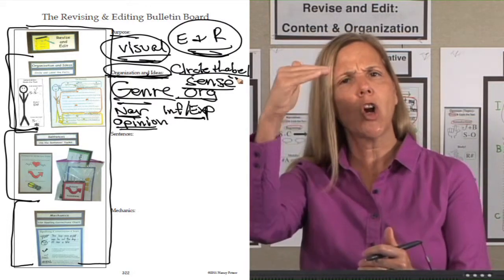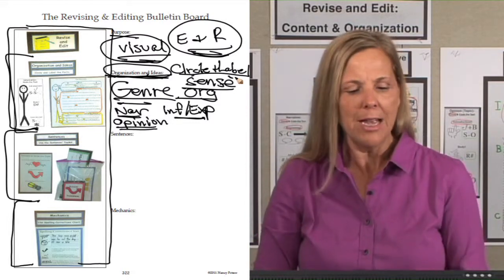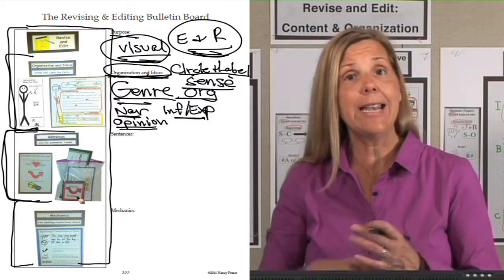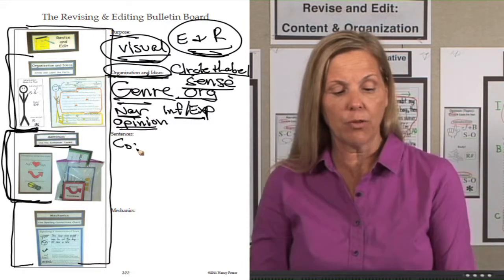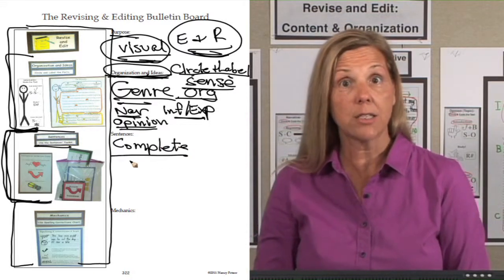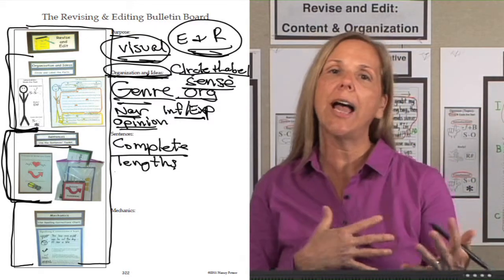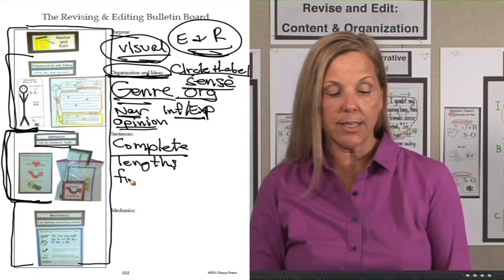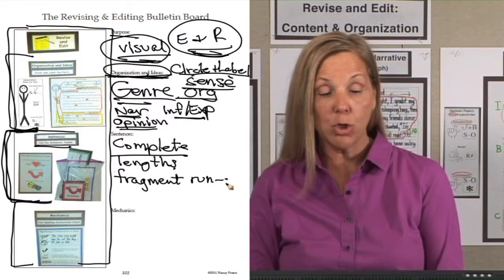Once students have content and organization down where they can circle and label the parts of their paper, we will then go to the next section of my revising and editing activities, and that is the sentence level. First of all, we're going to check to see that we have complete sentences, as well as different lengths of sentences so that you have more style and pace in your writing. We'll also identify whether a sentence is a fragment or a run-on and how to fix it.